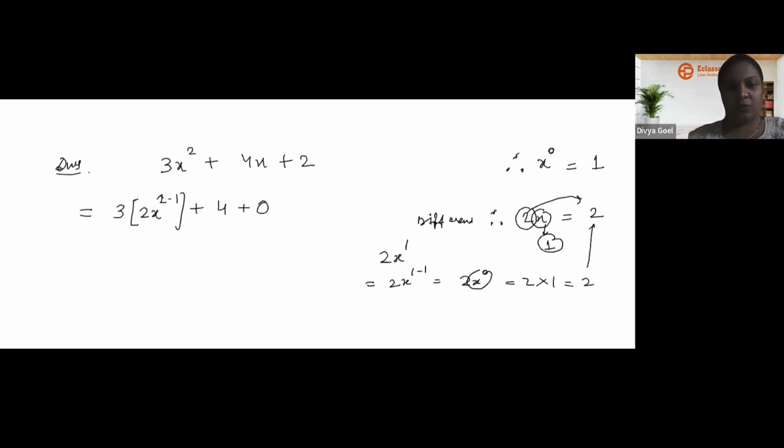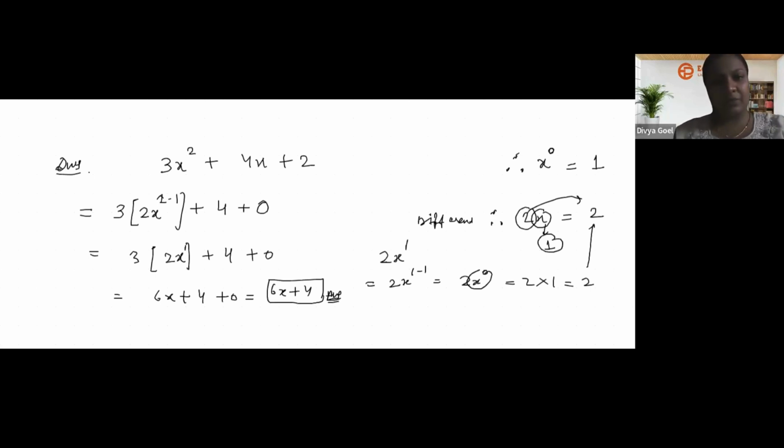So 2x, 2 minus 1, 1. 3 multiplied by 2 is 6, 6x. If the power is 1, you do not need to write it. So the answer is 6x plus 4. That's the simple answer. Fine.